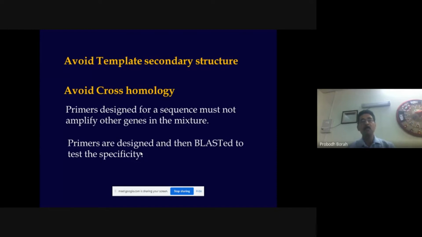That means the primers should be designed based on a conserved part of the sequence of the gene which we want to amplify. Say, for example, we are trying to design a primer for a gene which is around 1,000 bp long. Sometimes it may be 10,000 also, no problem. Suppose 1,000 or 1,200 bp long.